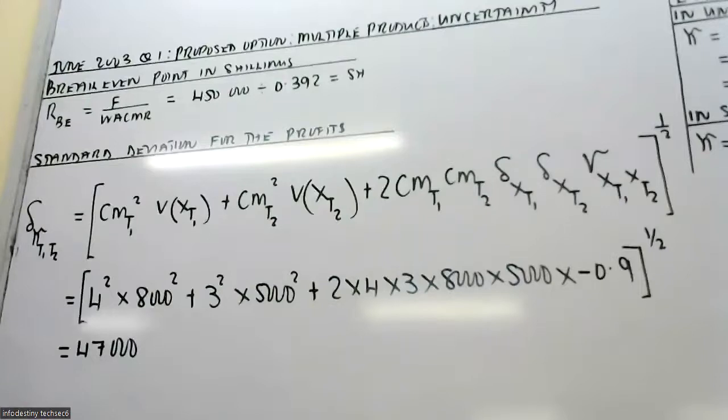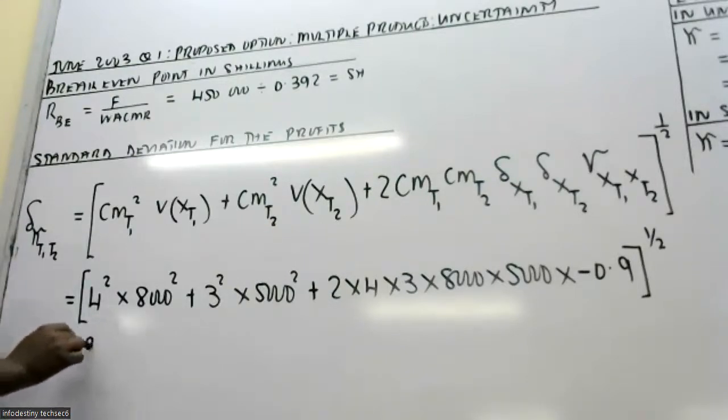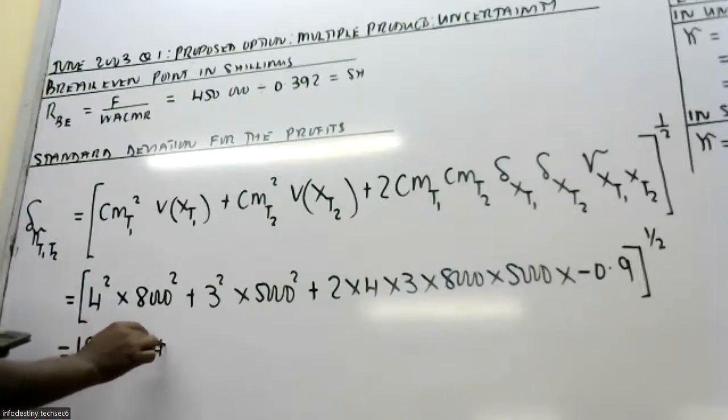Jackson, do you have a different one? 4 squared times 8,000 squared plus 3 squared times 5,000 squared plus 2 times 3 times 4 times 8,000 times 5,000 times minus 0.9, the square root of the answer is 19,621. Maybe the 9 is subtracted from everything instead of only that term. 19,621.41687.